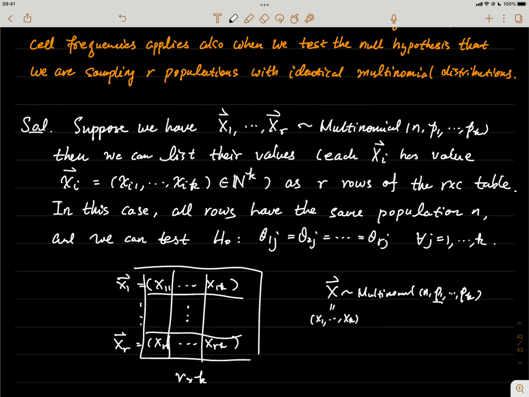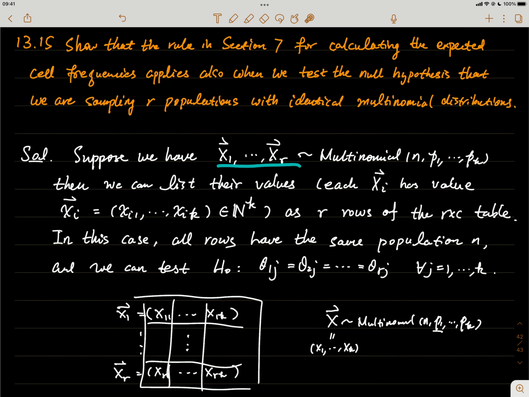If they are following the same multinomial distribution, then they should have the same proportion in each column. That's what the purpose of doing the R by C table is, to test if each column has the same proportion in its own population. The null hypothesis essentially says they all have the same p1 through pk, versus some of them having a different p1 through pk than others. That's why the same method of the R by C table can be used to test whether these random samples following the multinomial distribution have the same parameters.